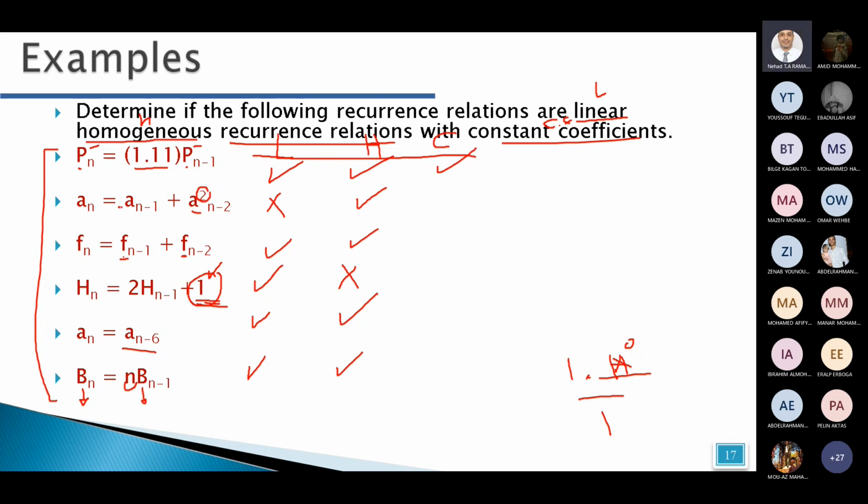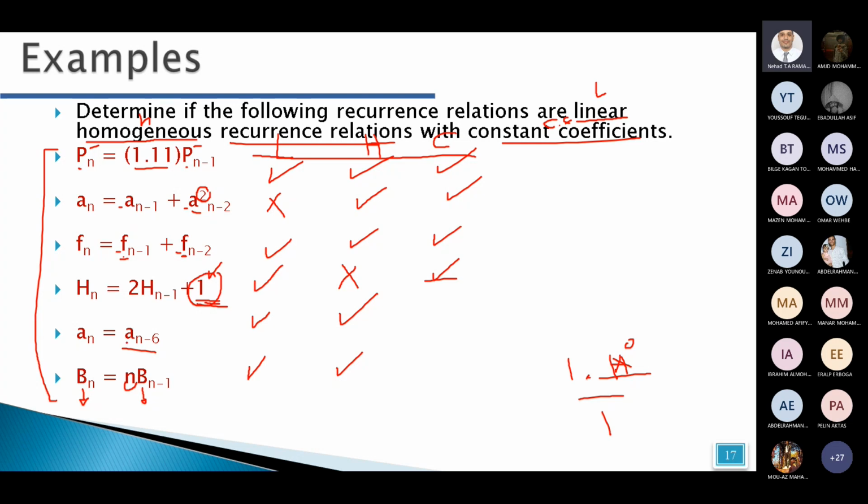Here 1, here 1, so it's a constant coefficient. Here, 1 multiplied by f, here 1, from where? There is no 1. Actually, this means we have constant 1 because 1 multiplied by f is f, yes? So it's a constant coefficient. Here, we don't care because it's a constant coefficient, but it's not homogeneous.